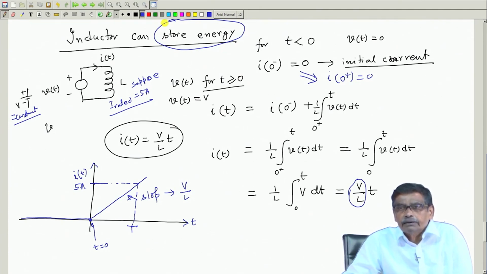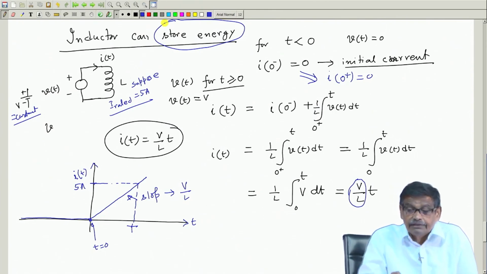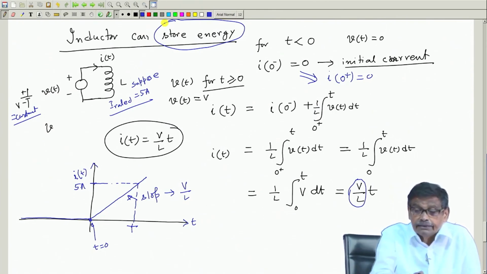The power that you have injected in a resistor will be lost and lost forever. You cannot recover that power back. We will see in my next lecture how an inductor can store energy.